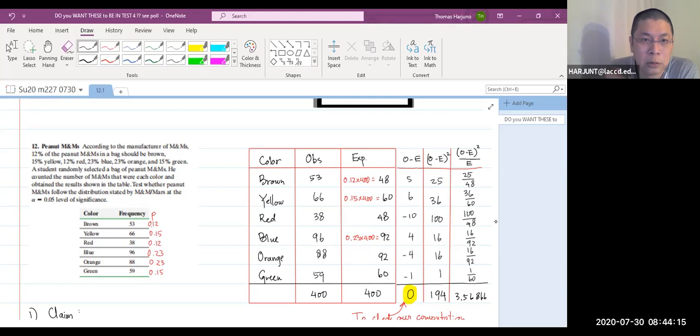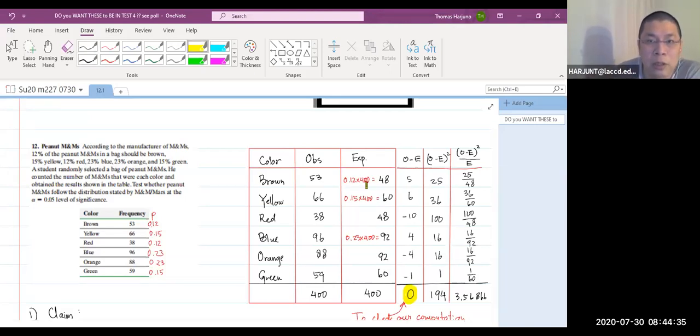You know, right? Imagine if somebody says, you know what, Thomas, I think this is supposed to be 16% instead, and this should be 12% instead. Now that may fit better, right?